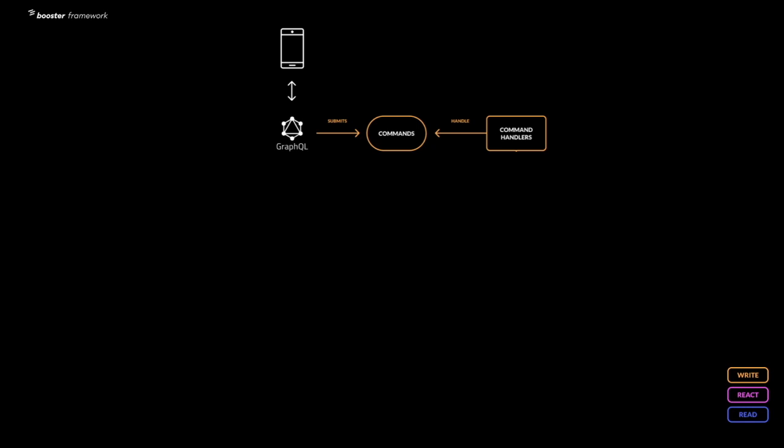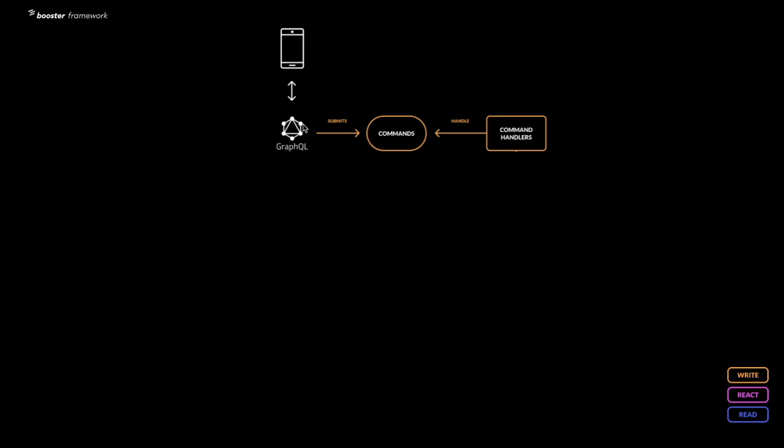I want to create a command called create account. And I don't want to do anything. I just want to notify the user through email that their account was created. So my web application or mobile application, doesn't matter, will be connected to this GraphQL endpoint, and it will send a mutation called create account.